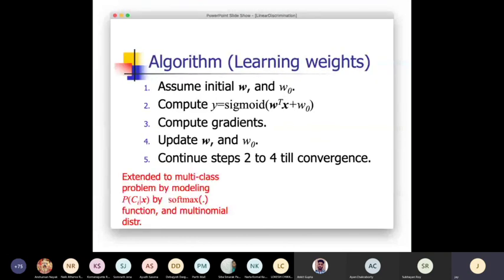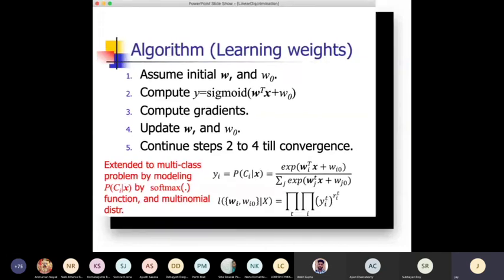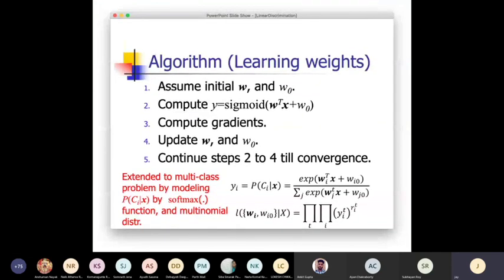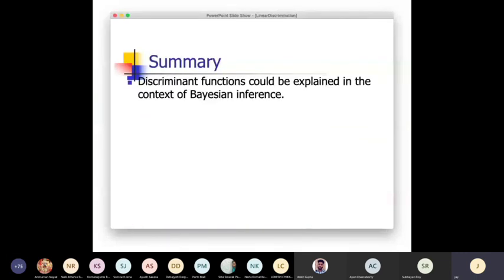And you can extend it for multiple classes when you use this softmax function. This is used mostly in deep learning cases, or in neural network learning. With the softmax, you are computing the posteriors there. That is the mapping, and this should be your likelihood computation.